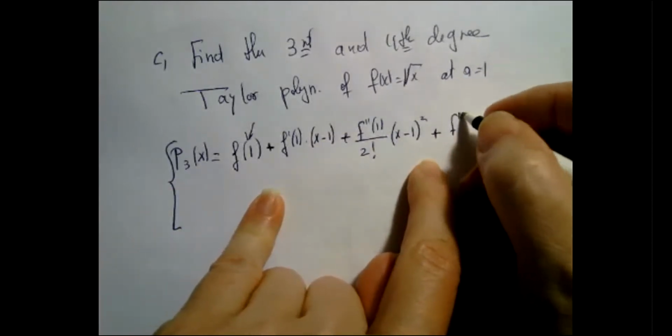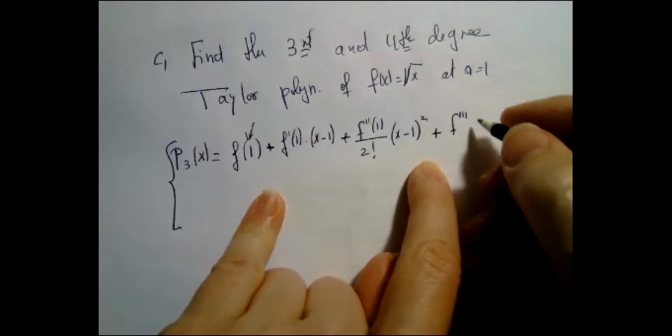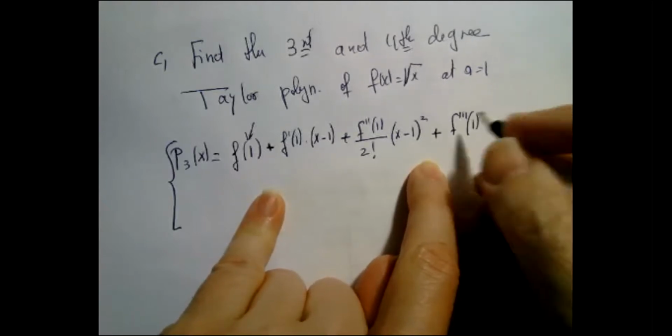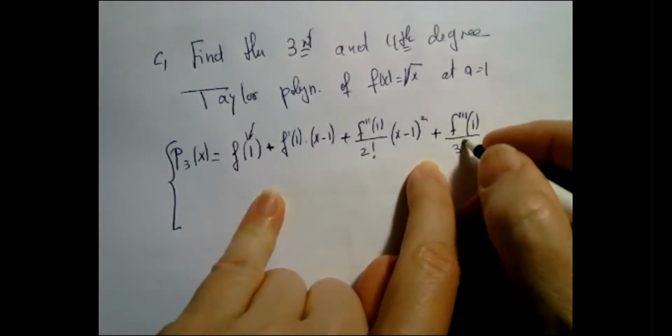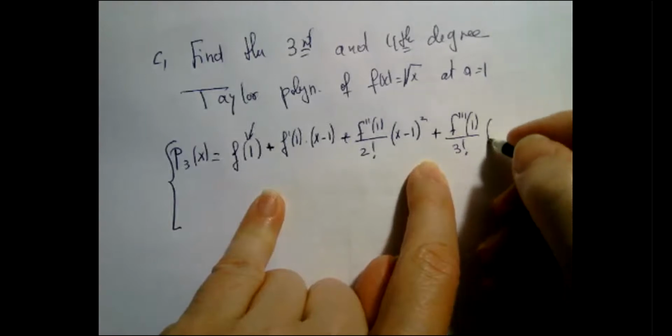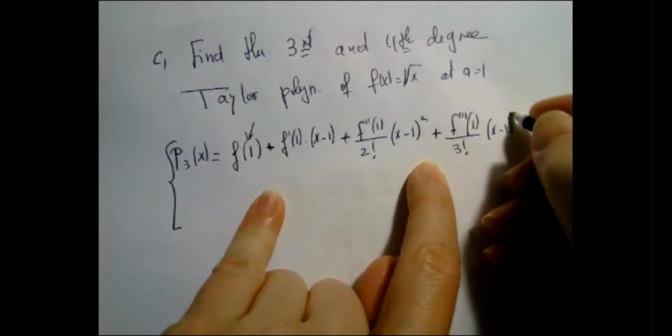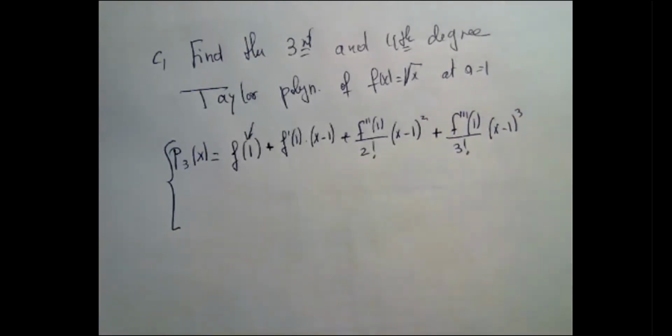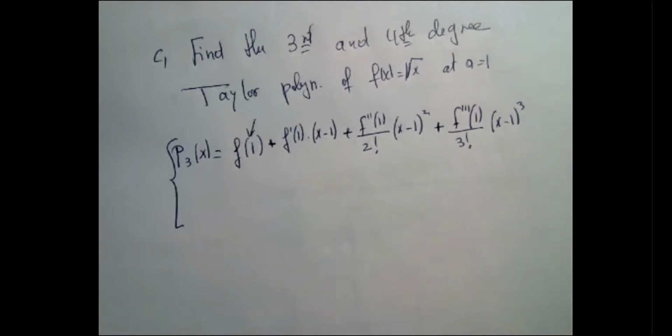It works like this. You take the third derivative at 1 over 3 factorial times x minus 1 to the power 3. That's the third degree Taylor polynomial.